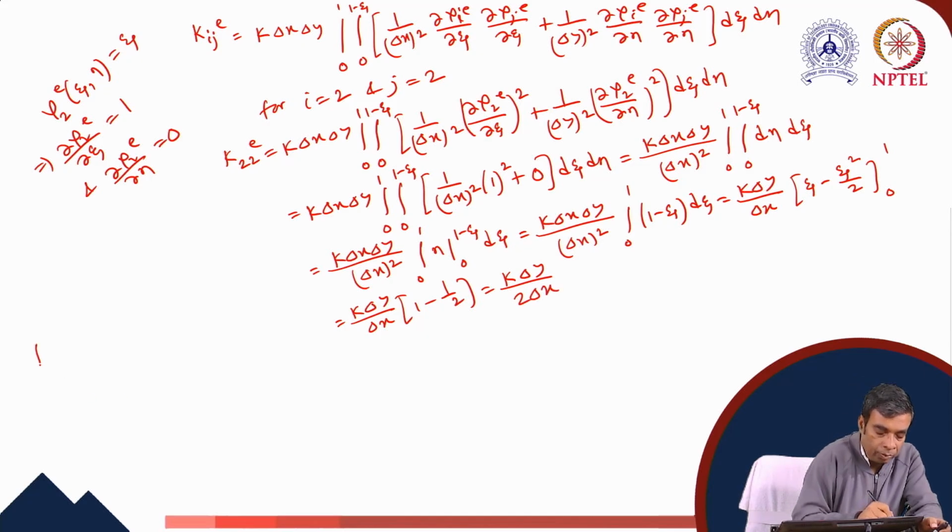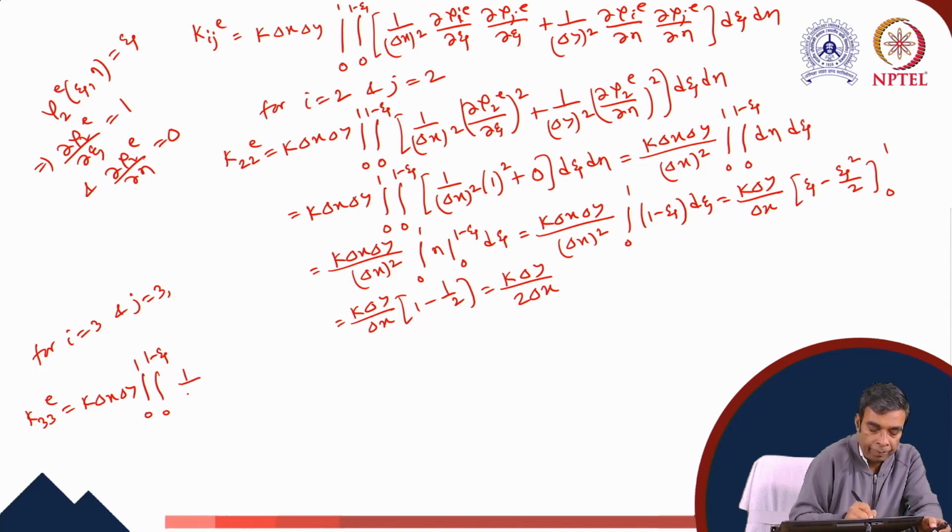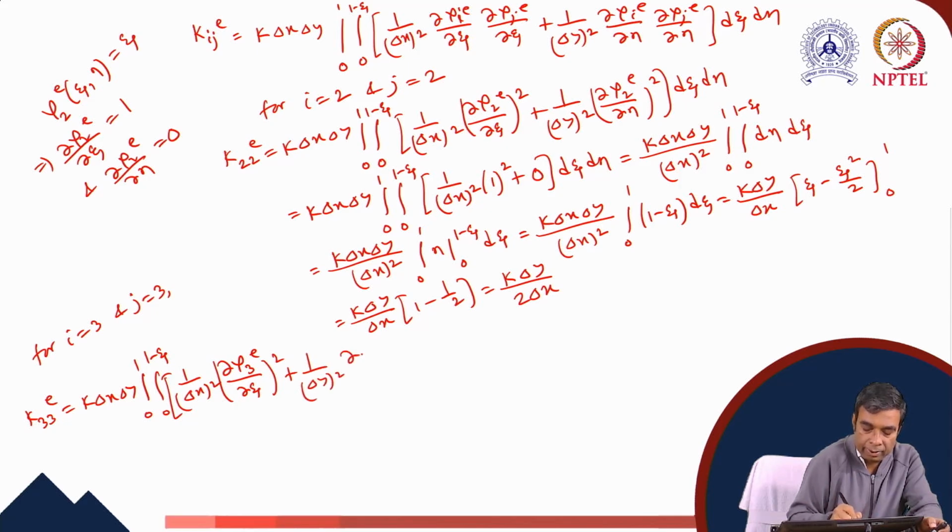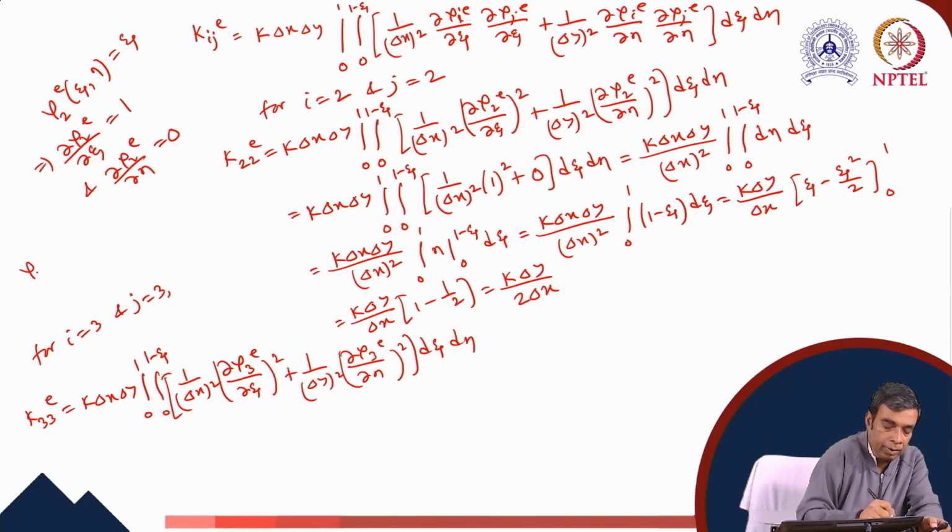Similarly, for i equals 3 and j equals 3, we get K33e equals k Δx Δy integral 0 to 1, integral 0 to 1−ξ, of [1/(Δx)² (∂ψ3e/∂ξ)² + 1/(Δy)² (∂ψ3/∂η)²] dξ dη. Now ψ3(ξ, η) equals η.